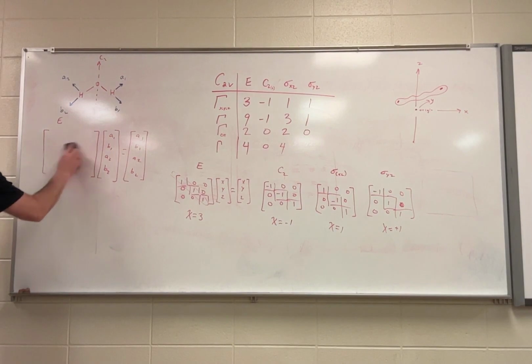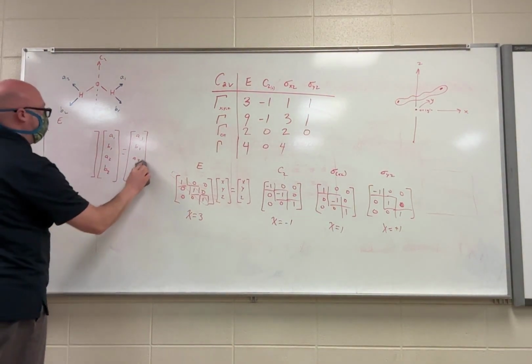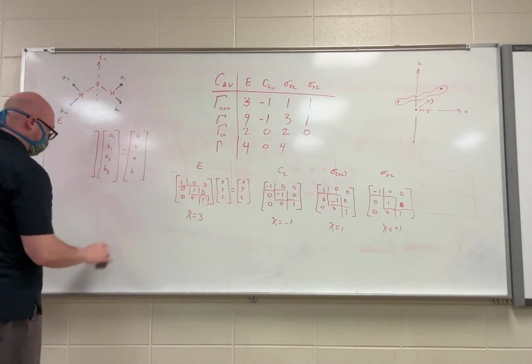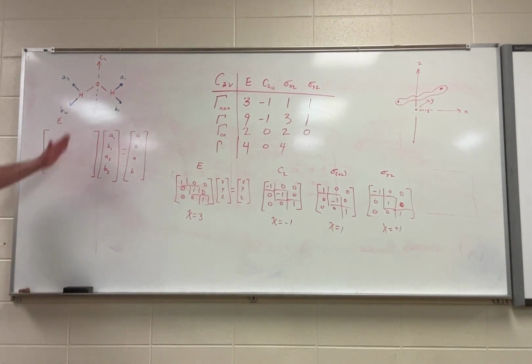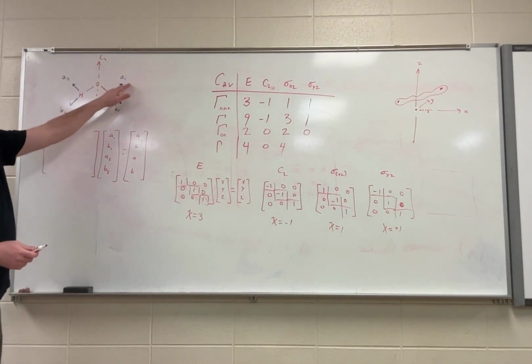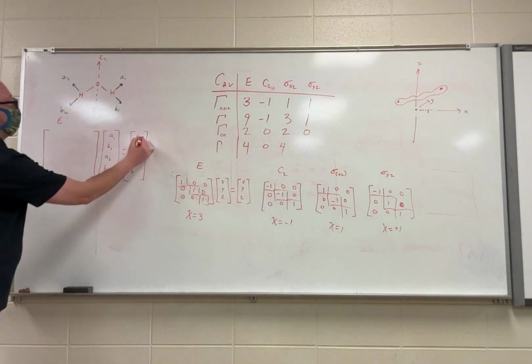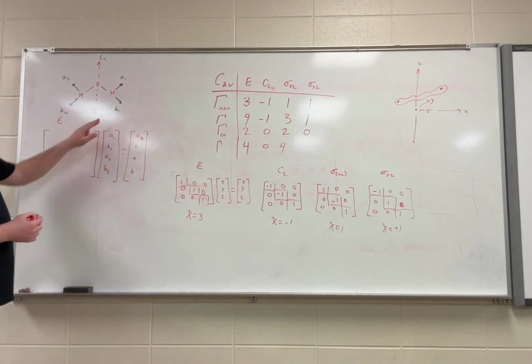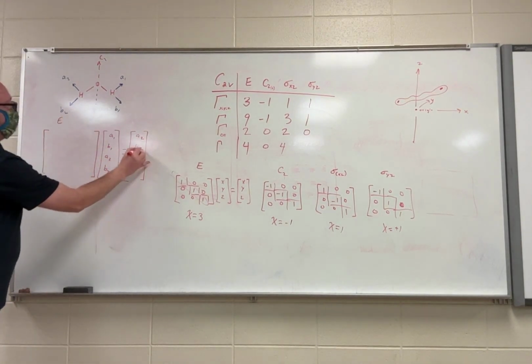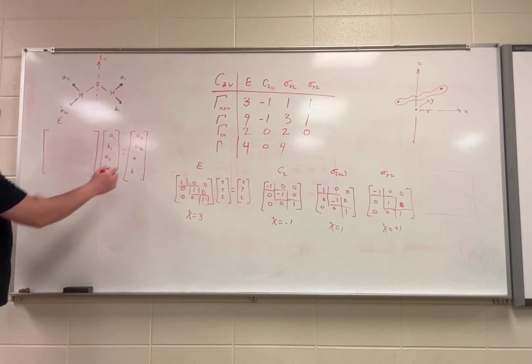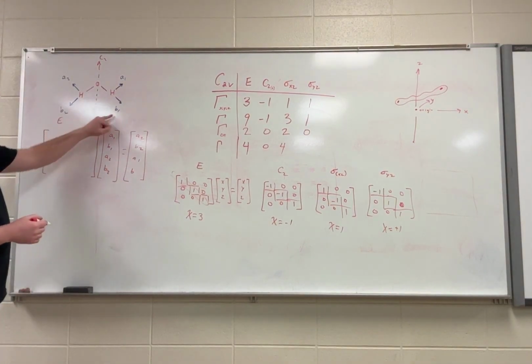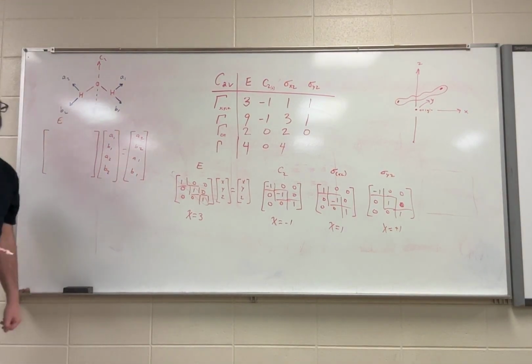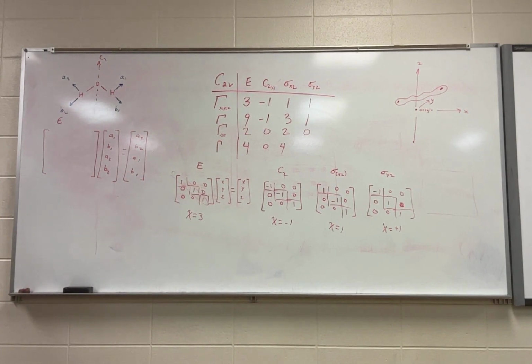And then if I work the character for sigma yz, sigma yz will exchange A1 to A2, B1 to B2, A2 to A1, and then B2 to B1. Right? And that's basically what the C2 was doing. So I should have 0, 0, 1, 0.